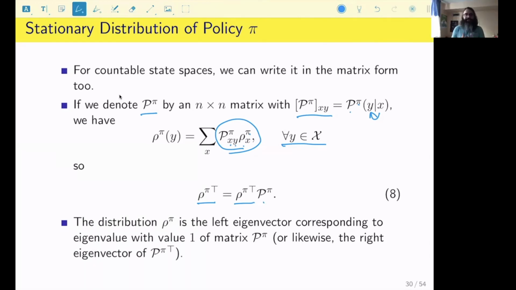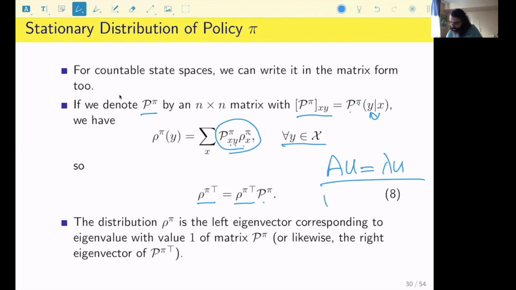So this basically also means that the distribution rho is an eigenvector of matrix P. This is a left eigenvector, because usually when we talk about eigenvectors, for a matrix A, we have AU equal to lambda U, which is a right eigenvector.